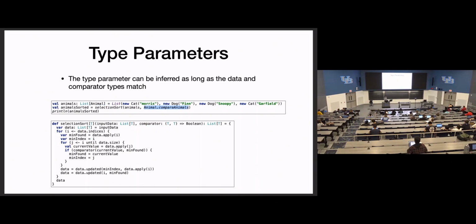Scala is going to look at this and say, oh, a list of T and a function that takes two T's and returns a Boolean, and you gave me list of Animal, and Animal to Boolean. Scala's going to be like, I know what you've got going on here. Type parameter is Animal. And it's going to fill that in for you.